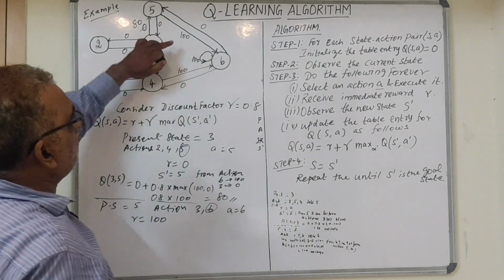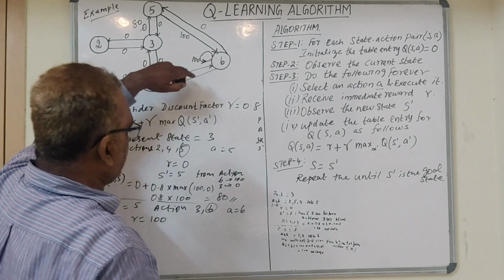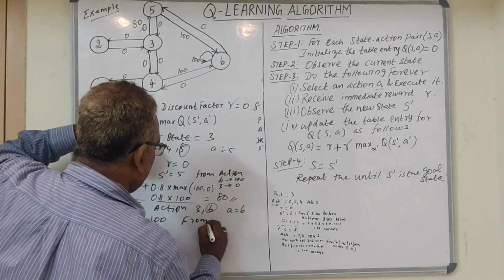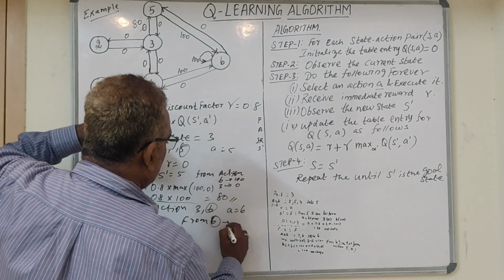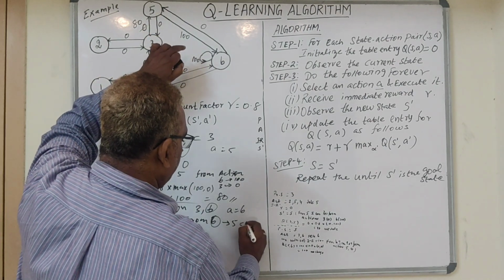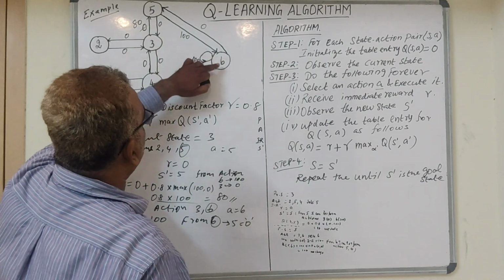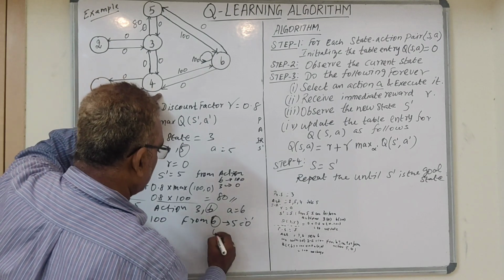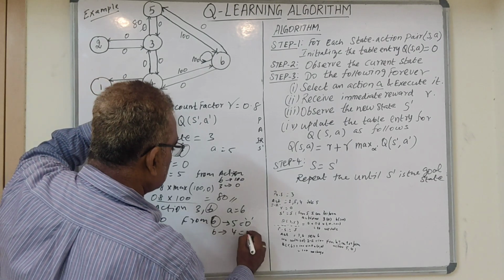Now from 6, where can I move? What are the actions possible from 6? From 6 I can go to 5. If I go to 5, my reward is 0, and also I can go to 4. 6 to 4 is also 0.